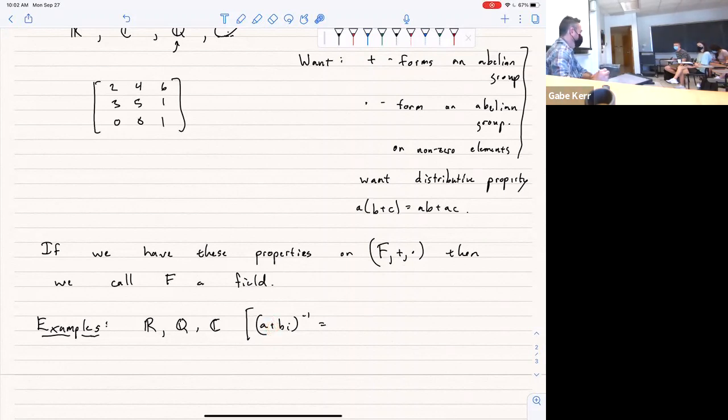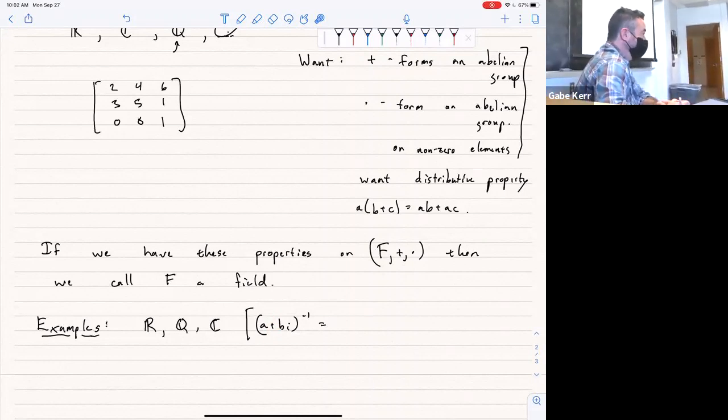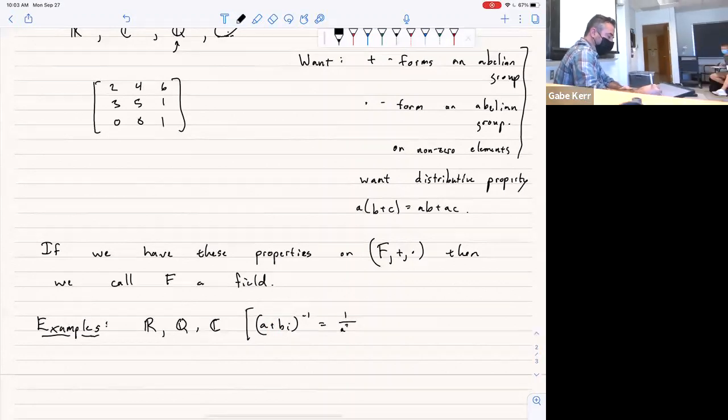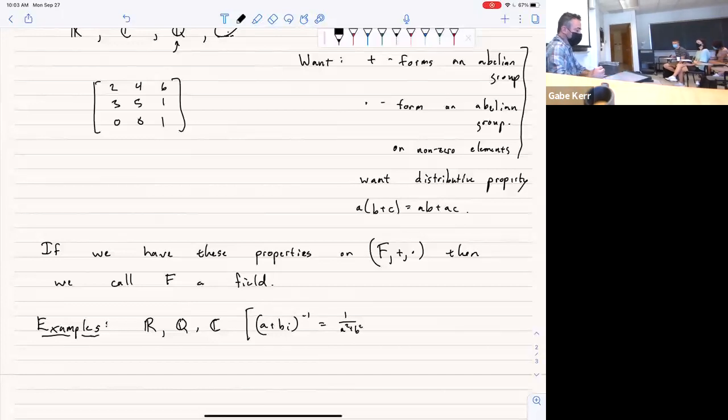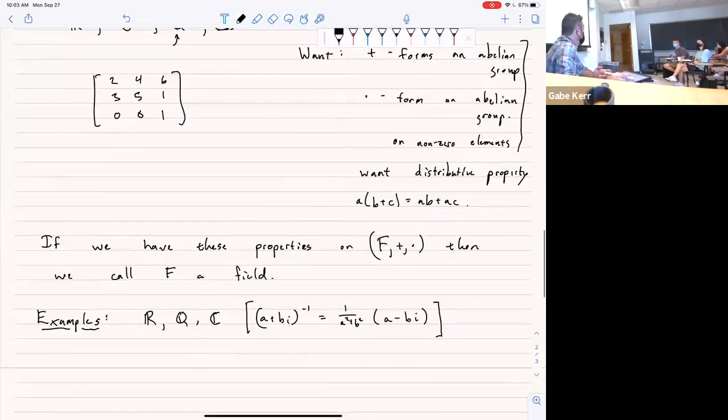Take that plus and turn it into a minus. If you multiply a complex number by its conjugate, you get a real, non-negative number, the sum of the squares of the real and imaginary parts. So you can just see that the inverse is, in fact, 1 over a squared plus b squared times the conjugate. This is a real number, assuming a and b are not 0. So we get multiplicative inverses.